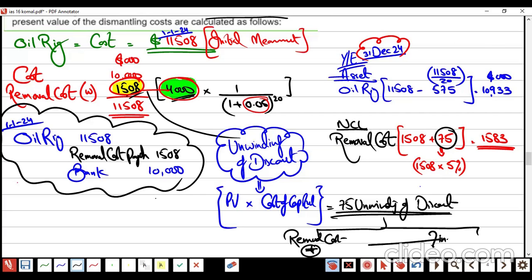The debit impact is charged in profit and loss as an expense, and that expense is known as finance cost, interest. Finance cost debit, removal cost credit. That is the rule stated in IAS.